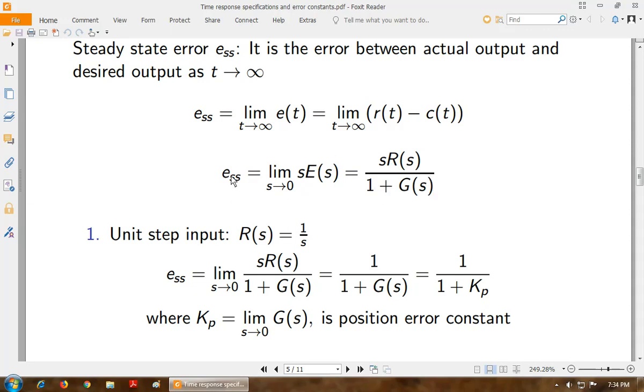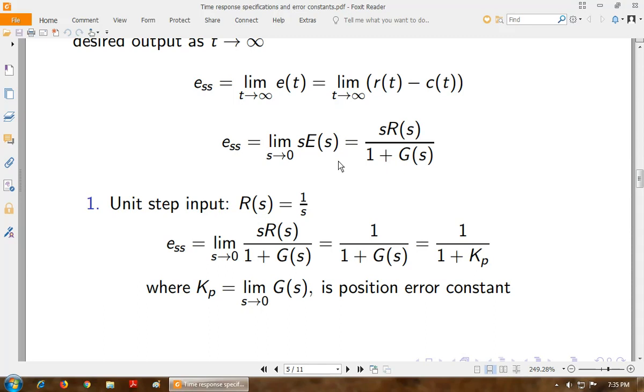This is the relation of steady state error, and we can substitute the values of different inputs: R(s) equal to 1 by S, then ramp input, parabolic input, impulse input, etc., and the corresponding steady state error value can be calculated. So it is possible to calculate the steady state error for different types of inputs, because we have this standard formula.